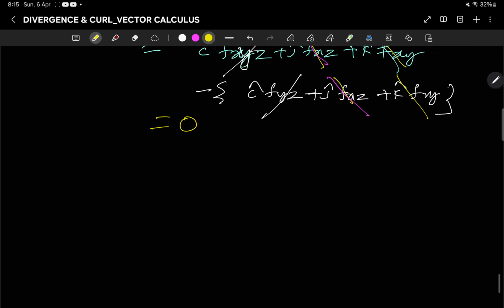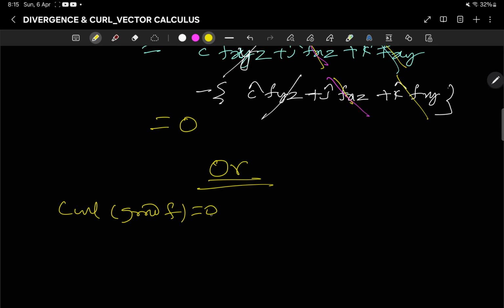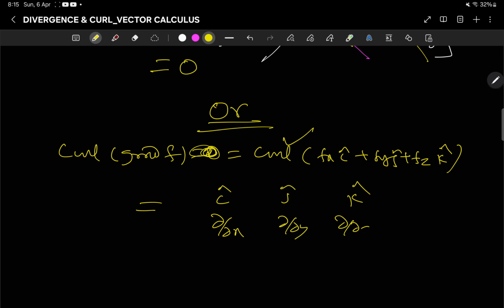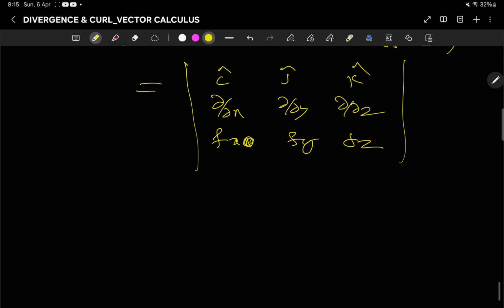If you find this proof difficult, alternatively you can prove it like this: curl of grad f is equal to 0. Curl of grad f is the curl of fx i plus fy j plus fz k. Curl means the determinant with rows i j k, del by del x, del by del y, del by del z, and fx, fy, fz. Then you find just the determinant.